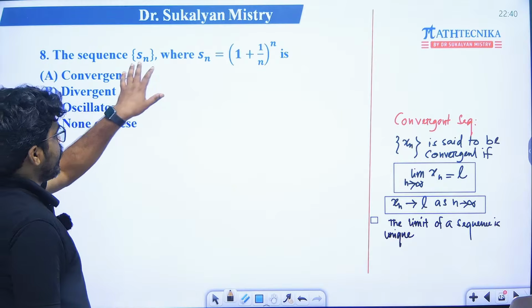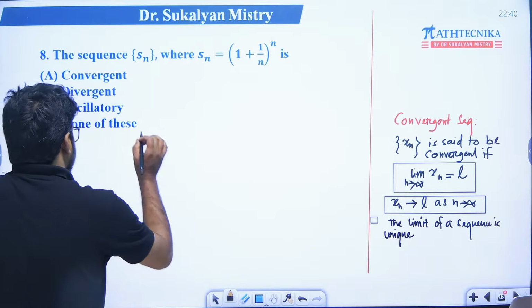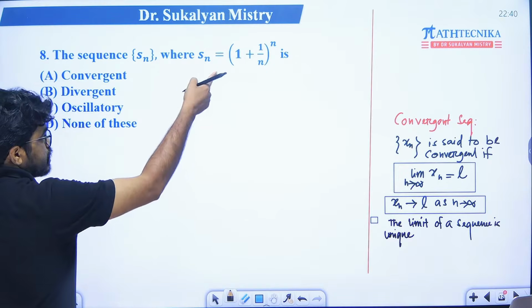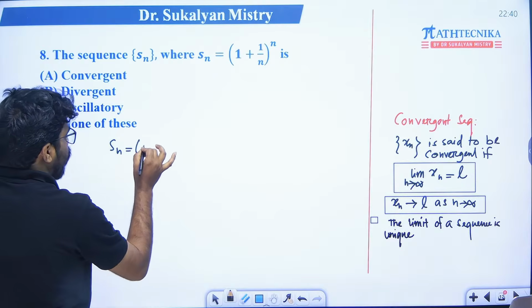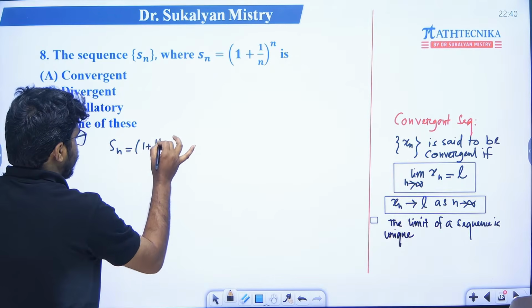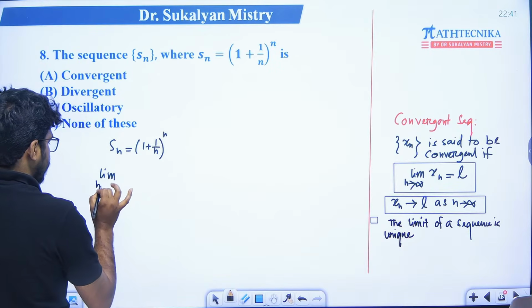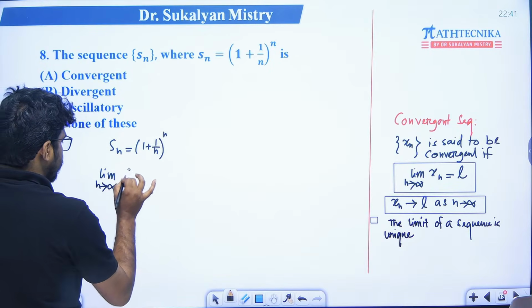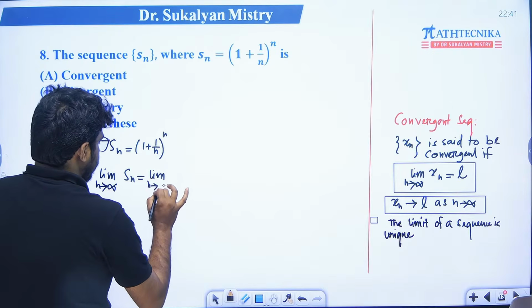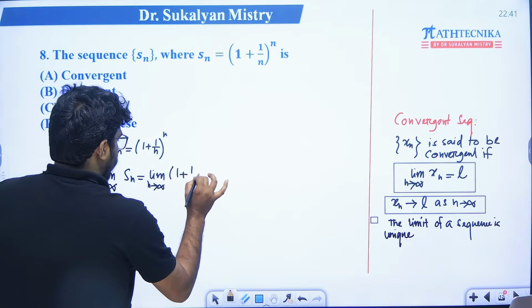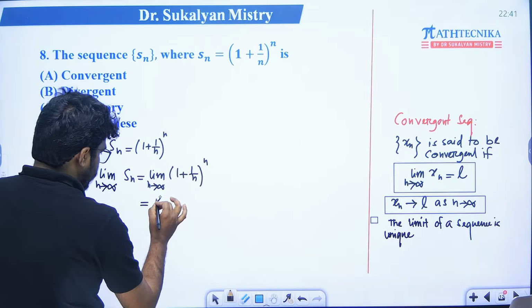So here Xn is the nth term of a sequence. Let us denote the sequence by Sn. So Sn is equal to (1 plus 1 by n) to the power n. So the limit as n tends to infinity of Sn is the limit of (1 plus 1 by n) to the power n, and that is e.